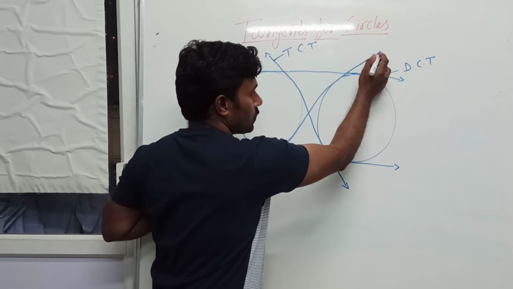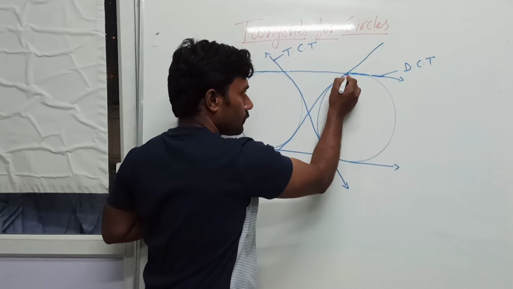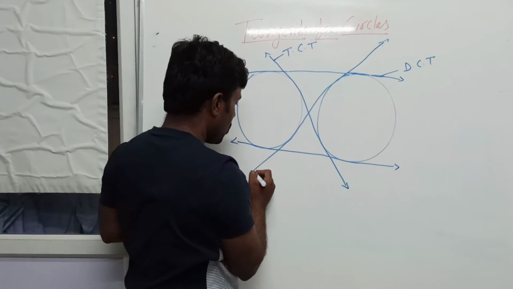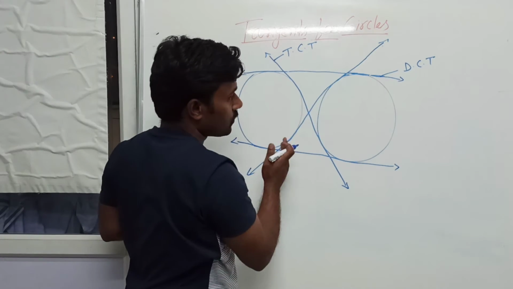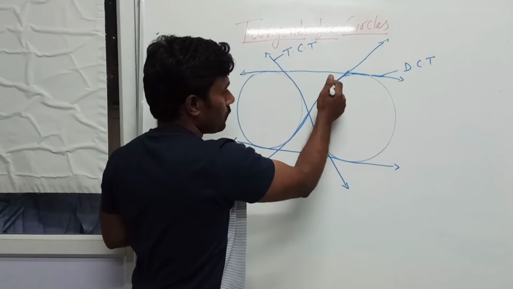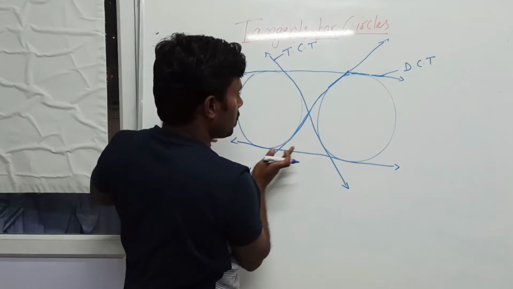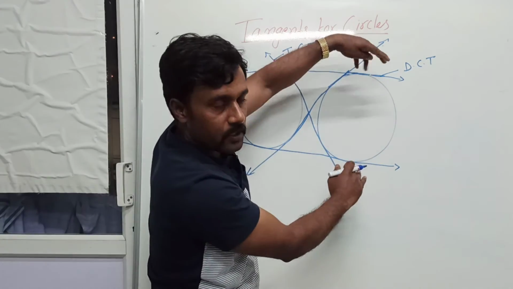This should be a straight line. If you draw like this, it is a transverse common tangent. These two are transverse common tangents and these two are direct common tangents.